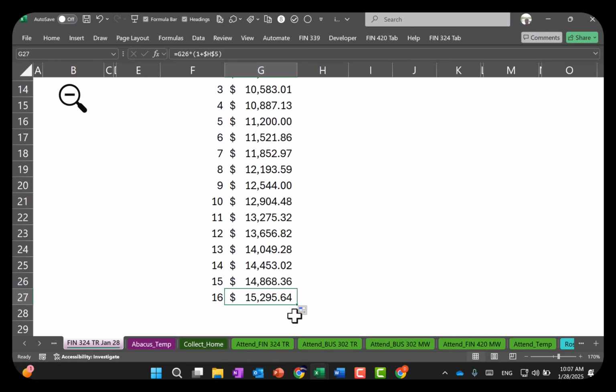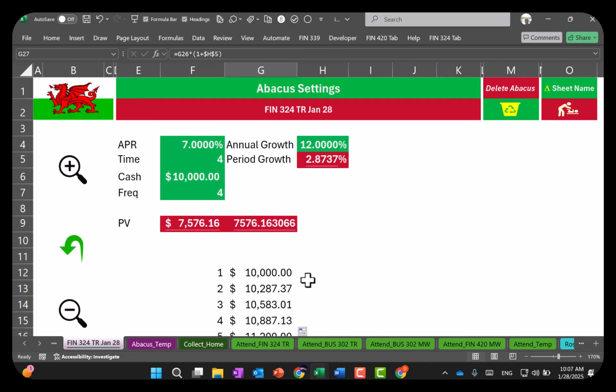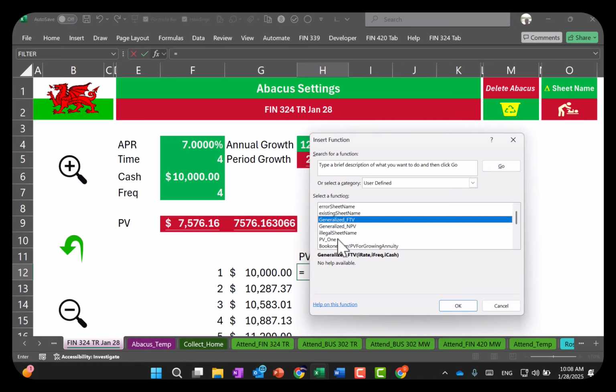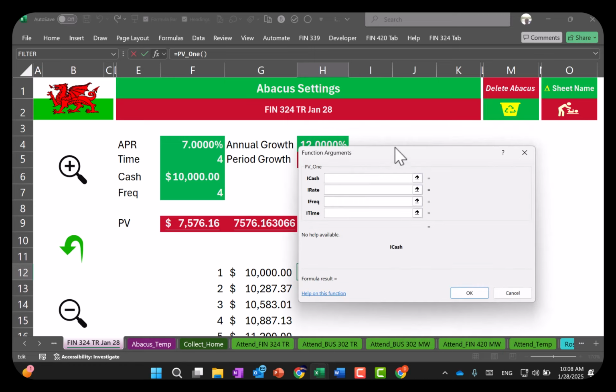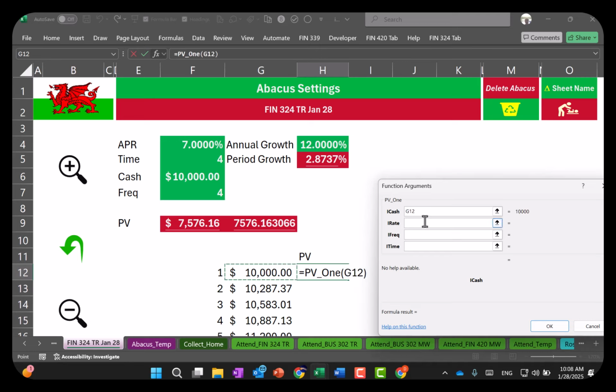So in this case, at the end of 4 years, the last payment I'm going to get is 15,000 something. You know, things grow fast. That's 12% a year. So let's calculate its PV. I already know that PV1 works. So I'm going to use my PV1. And let's actually do this. I don't have to, but my cash is that amount. My rate is here.